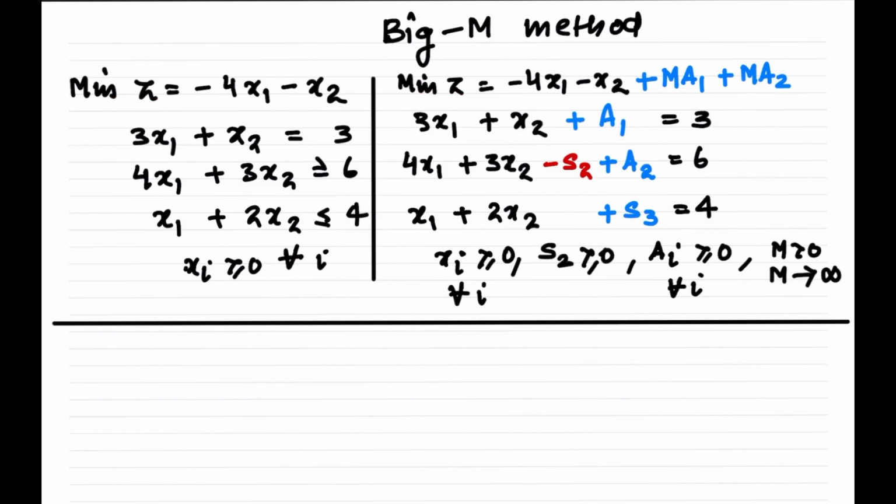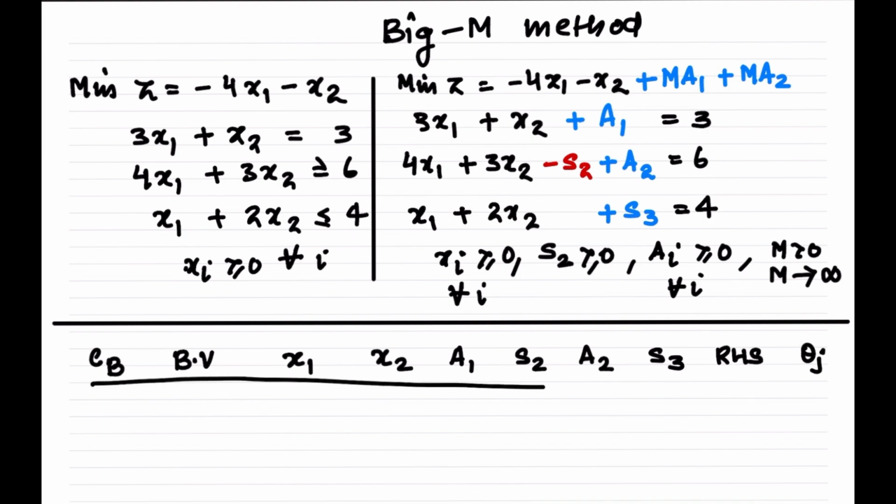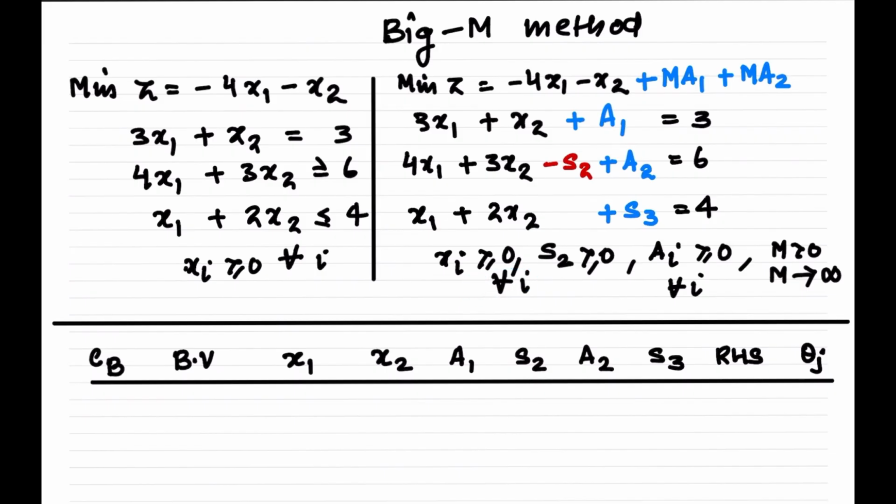Simplex table: CB, basic variable, x1, x2, A1, S2, A2 and S3, RHS, theta j. So the coefficients we'll write. Coefficients for x1 is minus 4, x2 is minus 1, A1 is plus M, S2 is 0, A2 is plus M, S3 is 0.